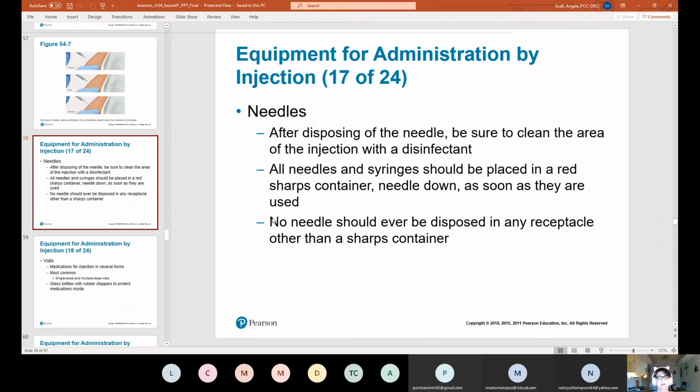People are very misunderstanding about what that biohazard trash bag is for. It's for large quantities. And it's imperative that you understand it is not for needles either. Needles only go in the approved sharps container.